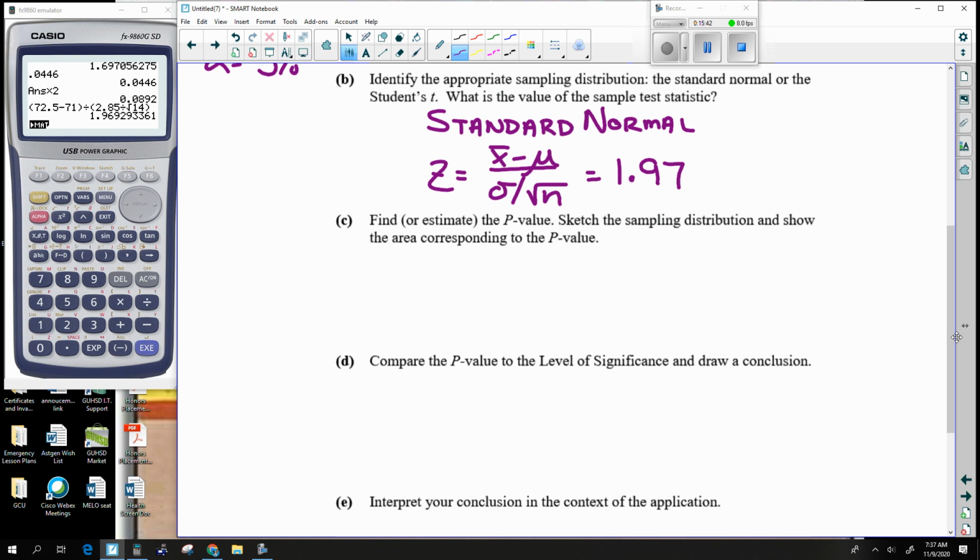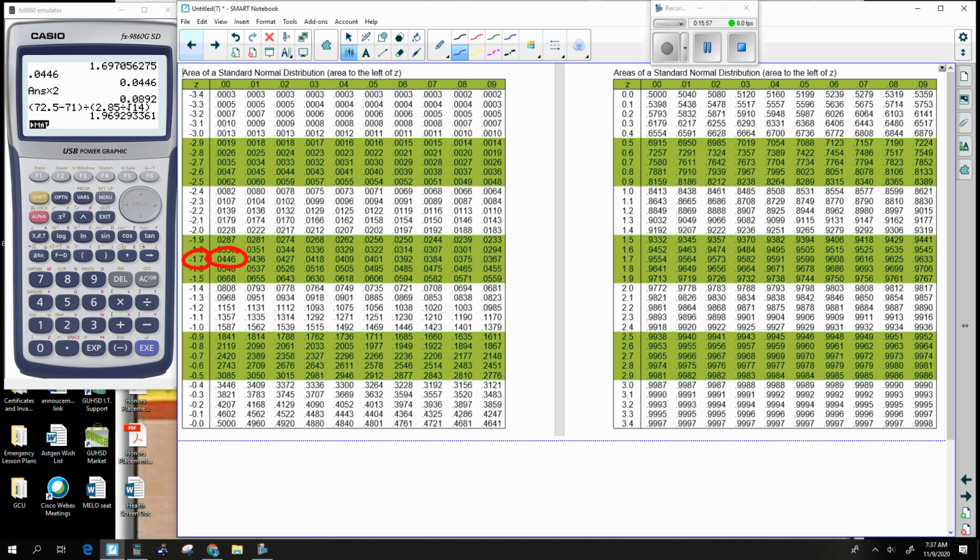From here, I turn this into a p-value. So the p-value in this situation is built upon a z-score of 1.97. Again, we always look that up as a negative. So negative 1.97 is 0.0244.